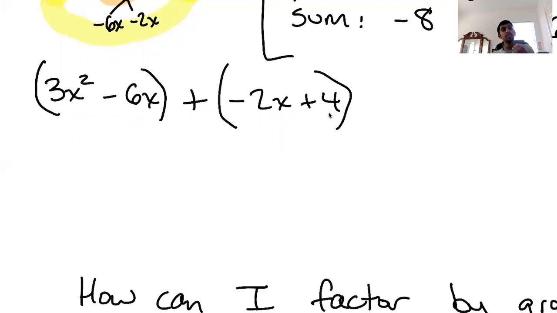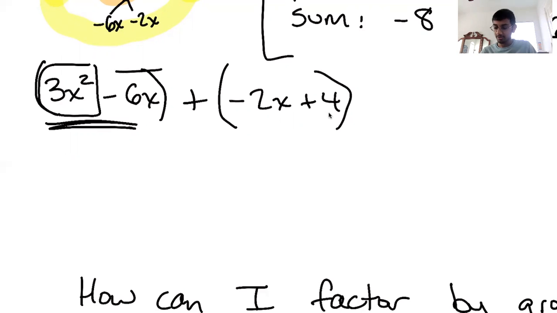Okay. So what we're going to do now is look at this expression first. What is a factor between the 3x squared and the negative 6x? Let's think. Okay, so I could multiply 3x into this, and I can multiply 3x into this. So that is the greatest common factor between both of those.